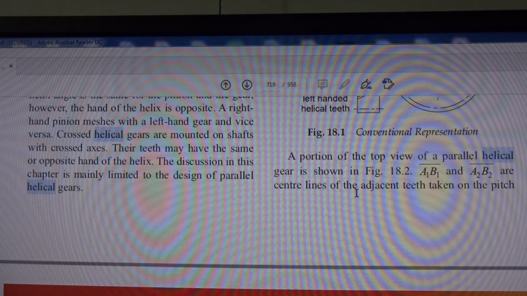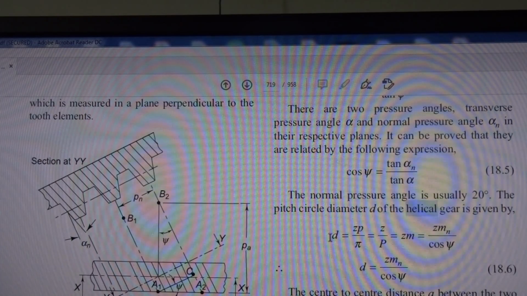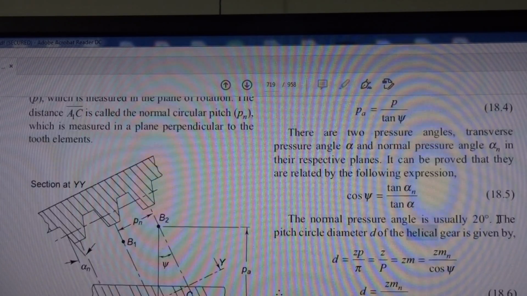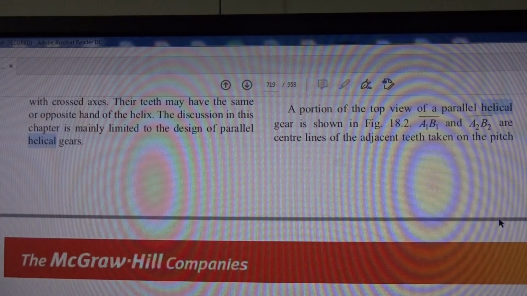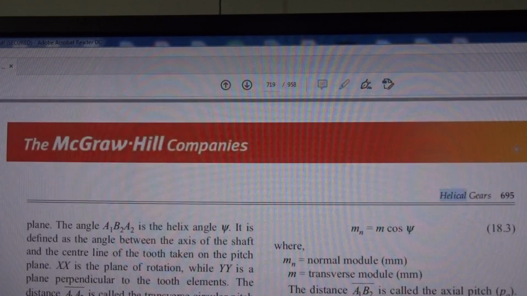A1, B1 and A2, B2 are the center lines of the adjacent teeth taken on the pitch plane.